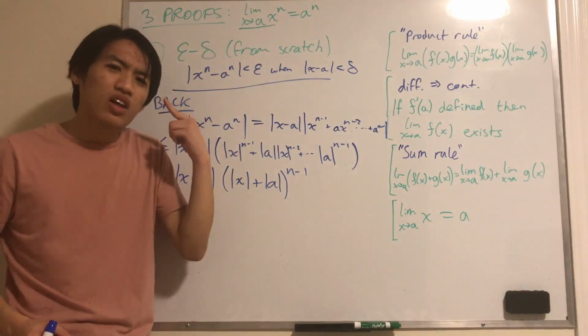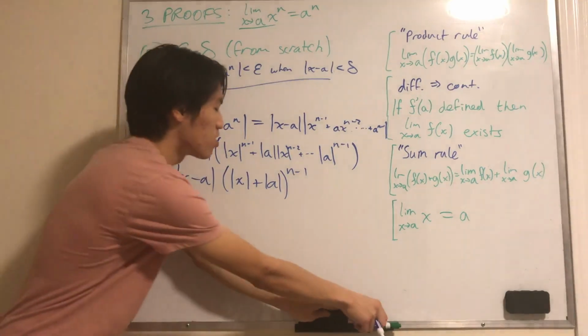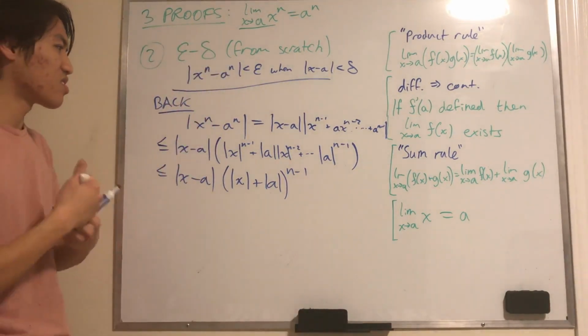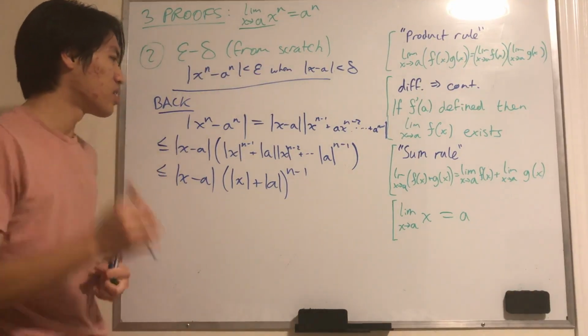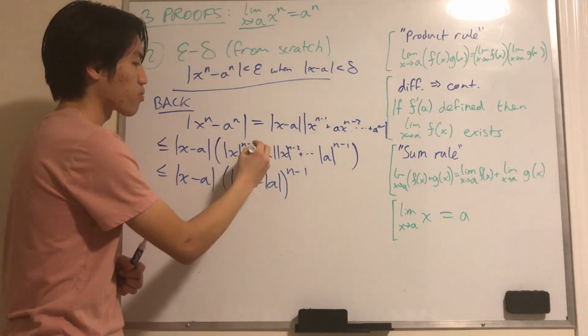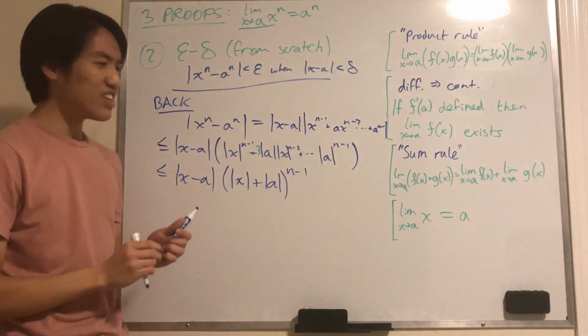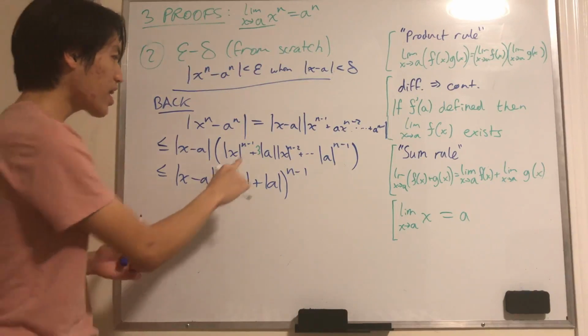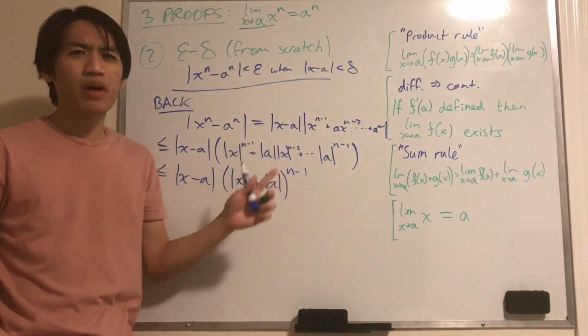That reminds me a lot of the binomial theorem. The only difference is the binomial theorem would have coefficients here, like the row of Pascal's triangle that corresponds to n minus 1. So maybe that was 3 and so on in the middle.